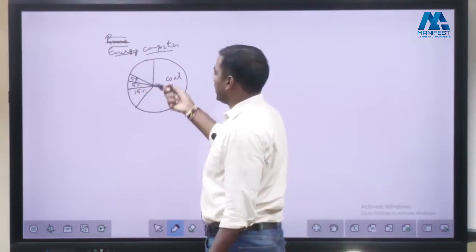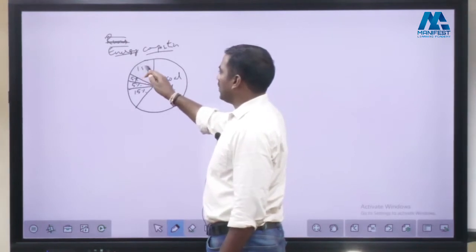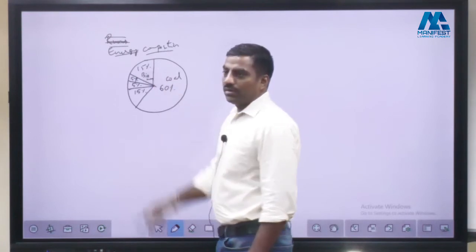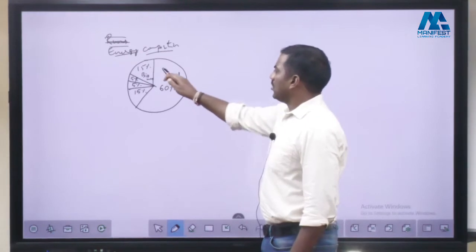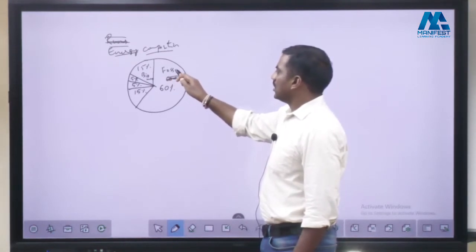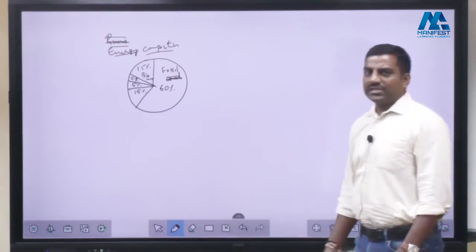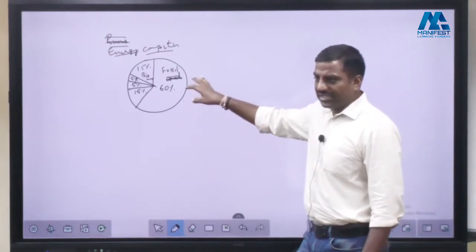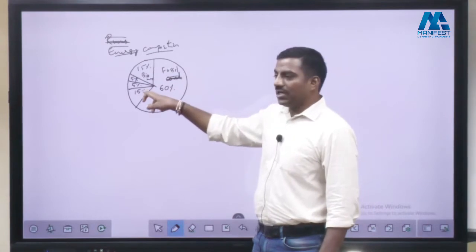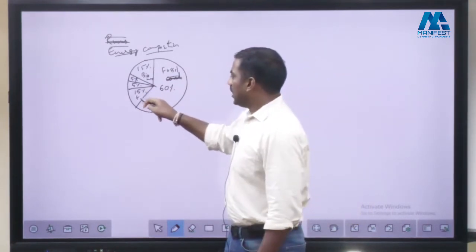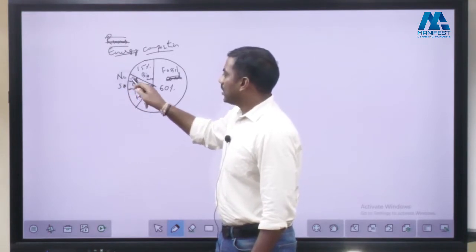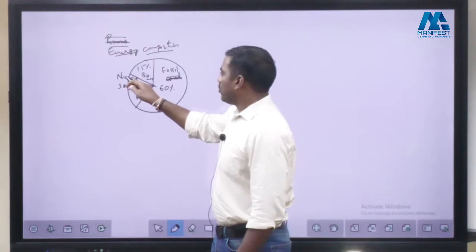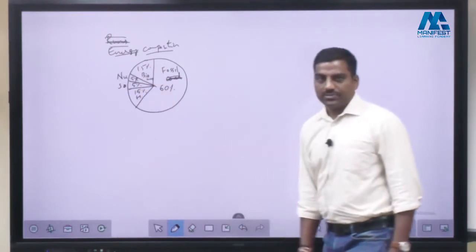Then maybe another 15%, let's say biomass. Or I'll take this as fossil fuels. This is the composition of energy. We produce 60% of the energy from fossil fuels. Similarly, 15% from hydel, 5% from solar, 5% from nuclear, and biomass around 15%.